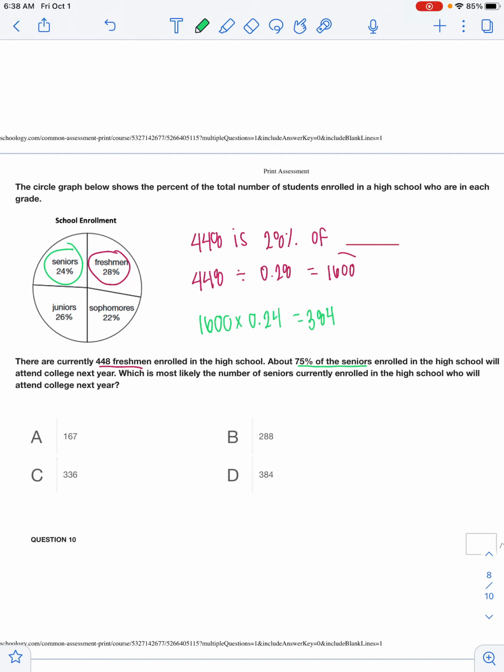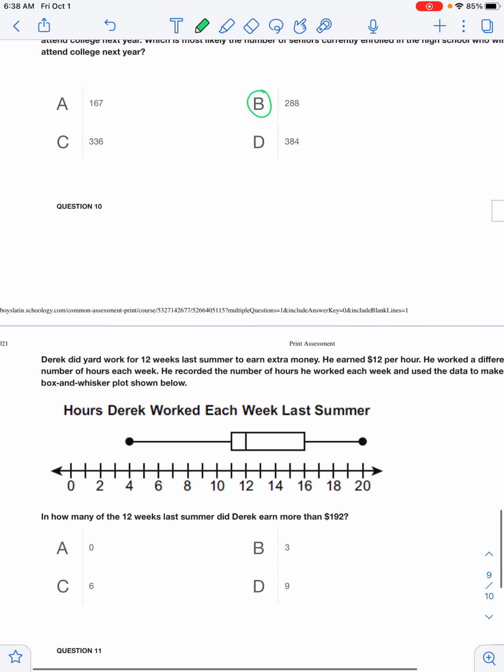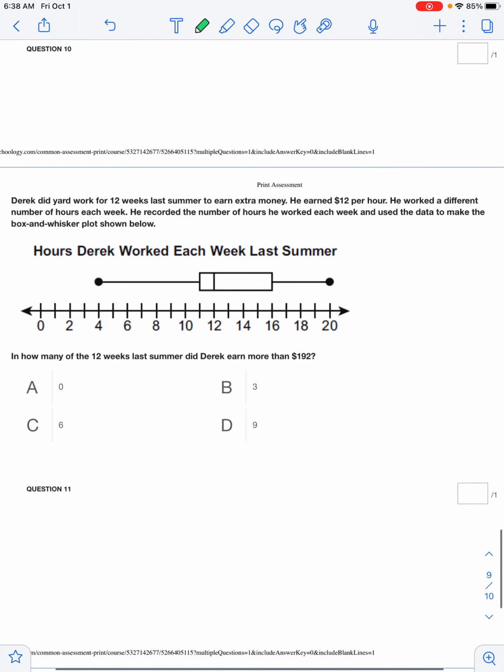And so if I know that there are 384 seniors, I need to multiply that number times 0.75. And that will tell me the total number of seniors who are attending college, which is 288. 288 seniors attending college.